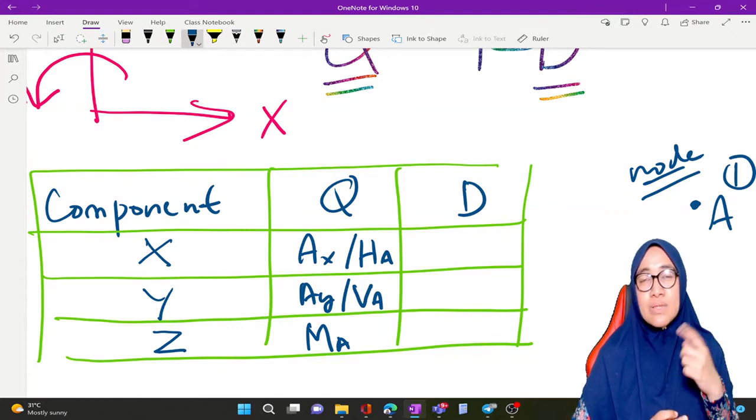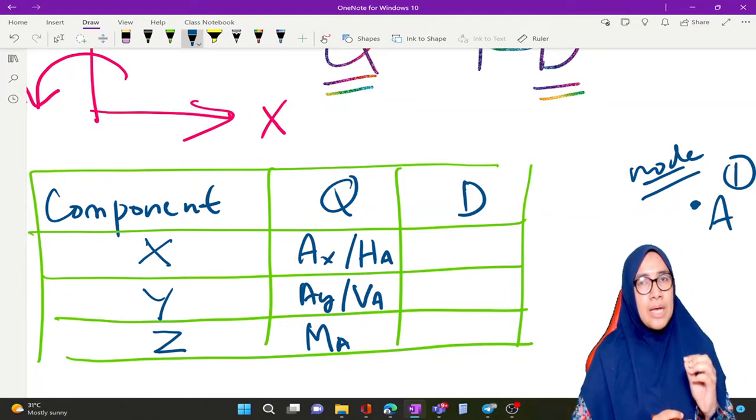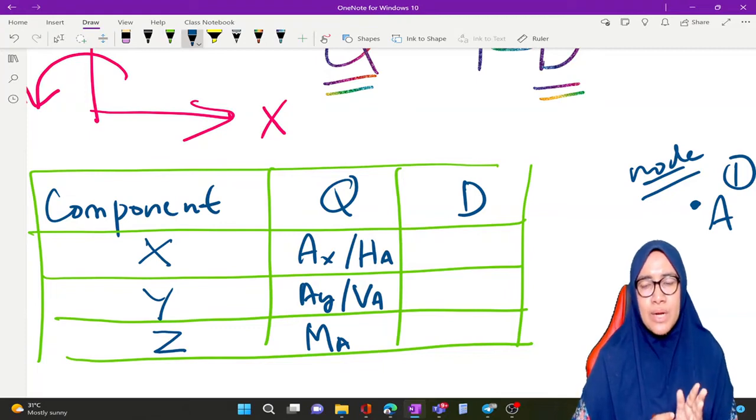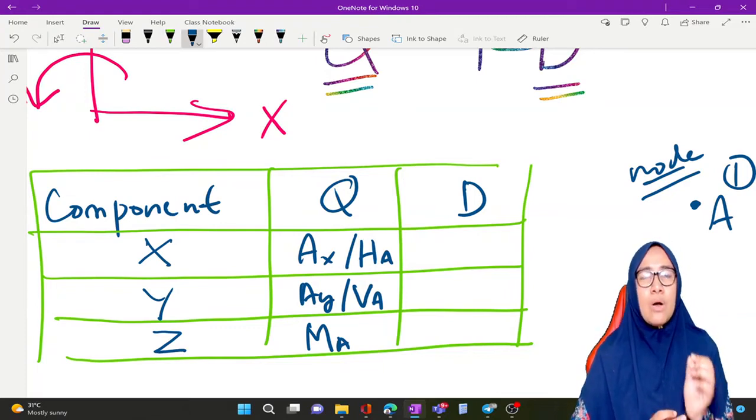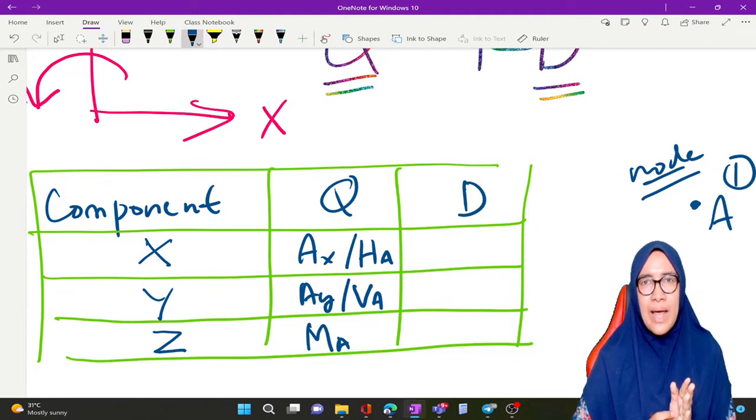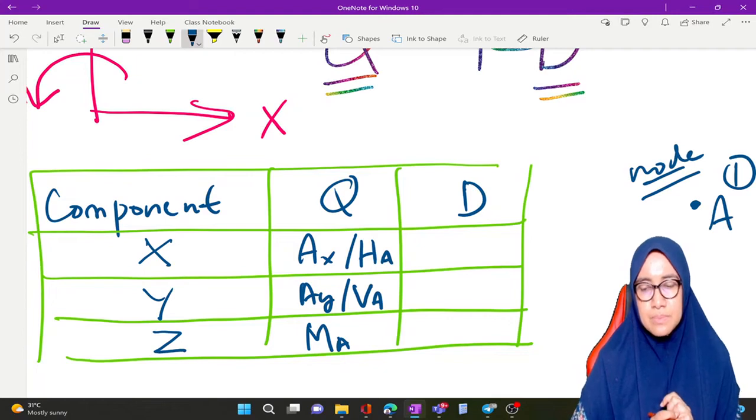If it is in Y component, it is a vertical force, or vertical reaction if it is located at support.